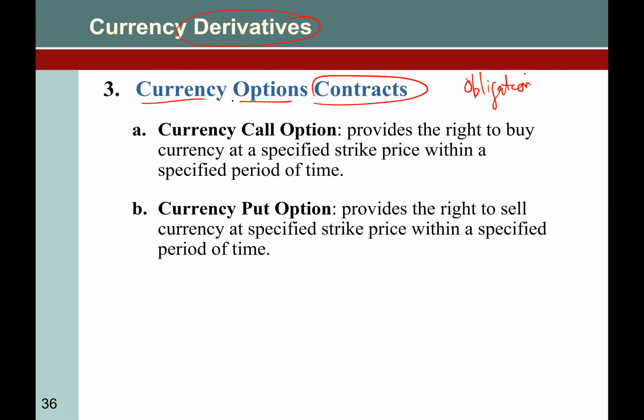In options, they are optional obligation, which means it is your choice whether you obligate or not. Please be with me so that you digest this concept. Number 1 is called currency call option. Number 2 is called currency put option.